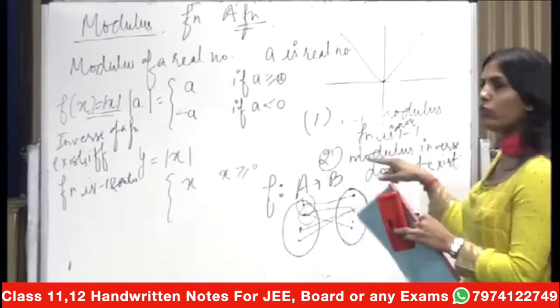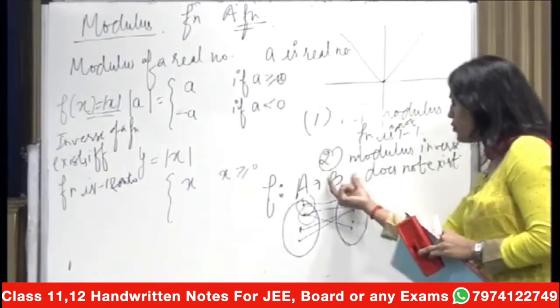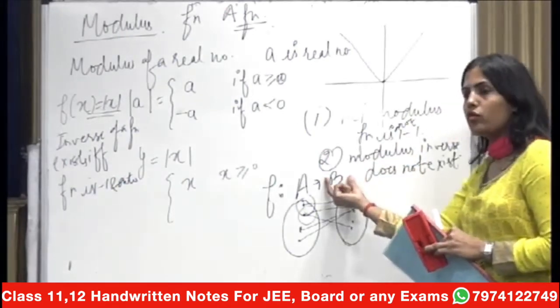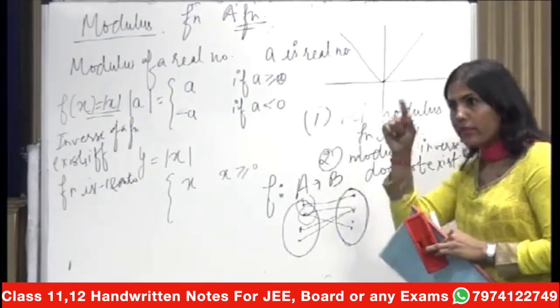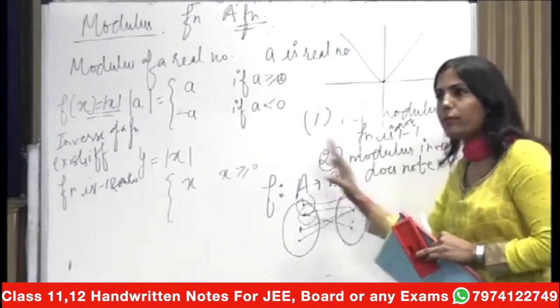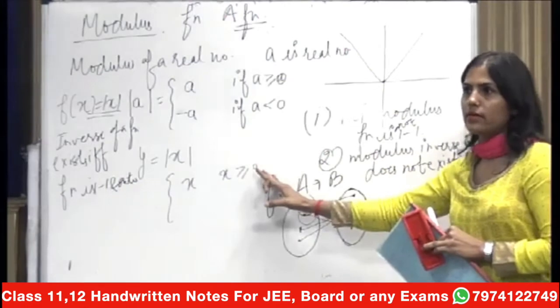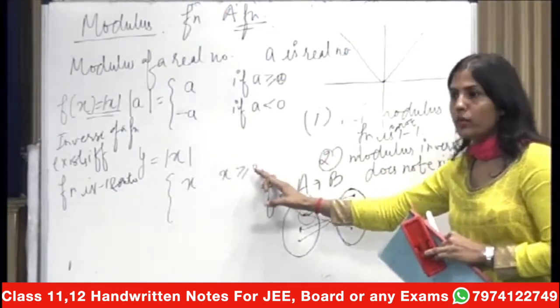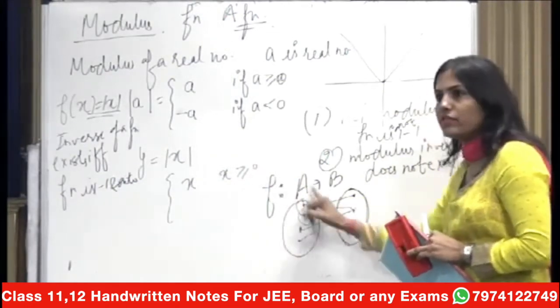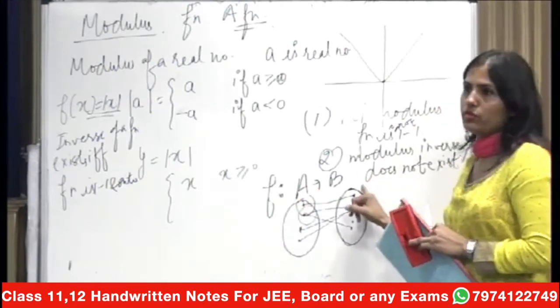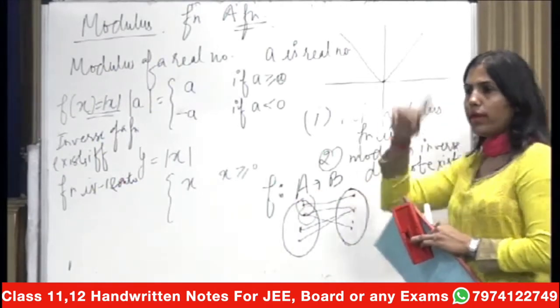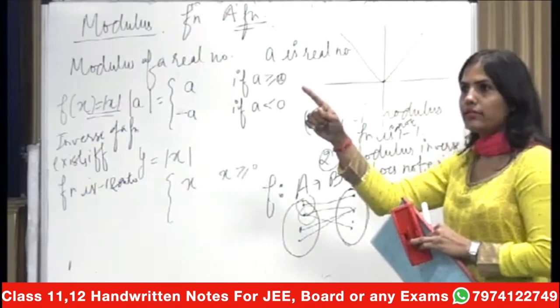Meaning of onto: suppose this is any set B. Every element of B should have a pre-image in this set. This is the meaning of onto. And for 1-1, the meaning is every element here should have a unique image here. One element connected to 1 only. That is the meaning of 1-1.